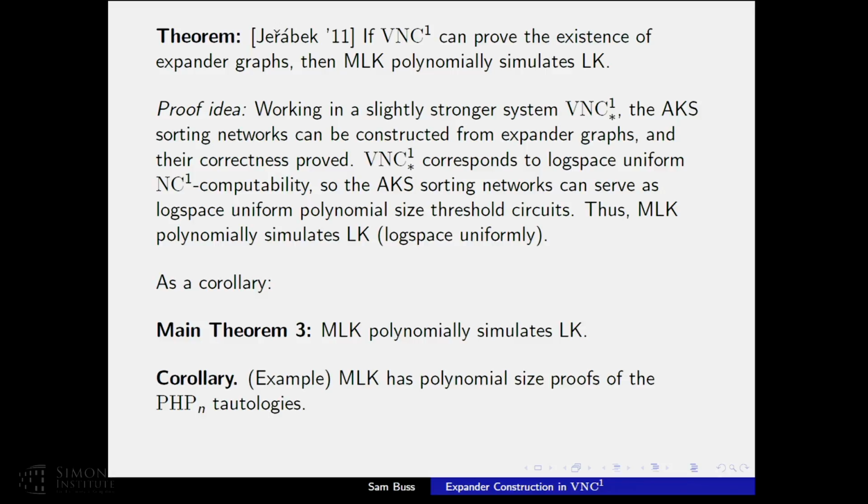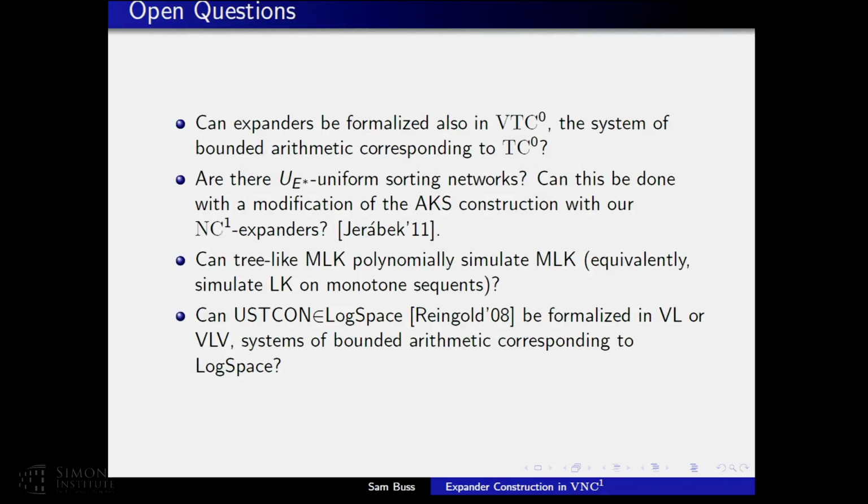So that's an open question, which I'll say here is the second open question: forget provability for the moment, are there E star uniform sorting networks? Can you put together these expander graphs, which are very uniform, into uniform sorting networks? In particular, can we also get AKS to be uniform?